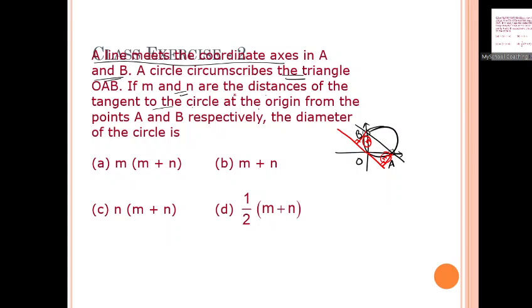If m and n are the distances of the tangent to the circle at origin, you have to phrase this, divide this into parts to understand it. m and n are the distances of what? Of the tangent to the circle at origin from the points A and B. Clear?